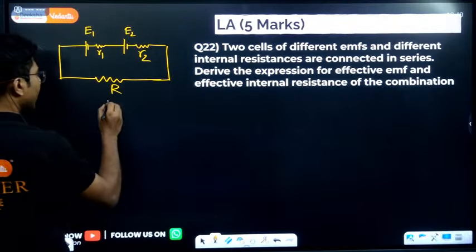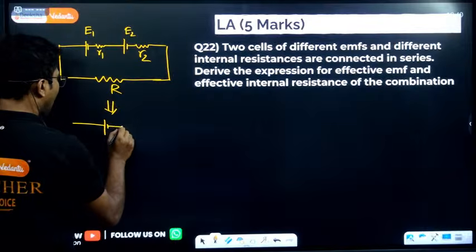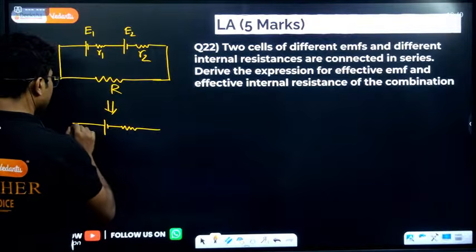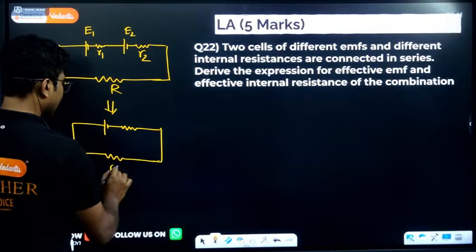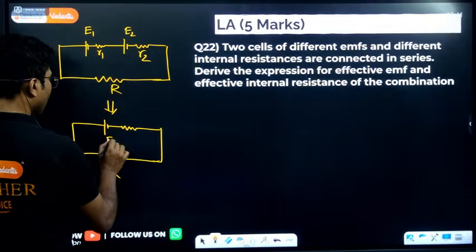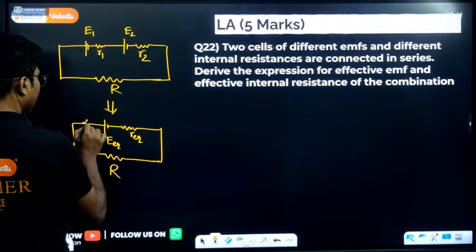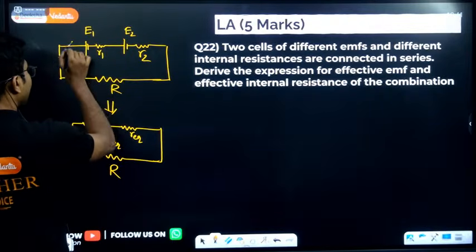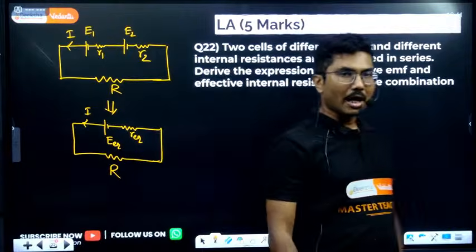Now if you can replace these two cells with only one cell and only one internal resistance, but the external circuit remains same, this is called equivalent EMF, this is called equivalent resistance. Okay, the current in the circuit, whatever current that was flowing previously, the same current is flowing now as well.